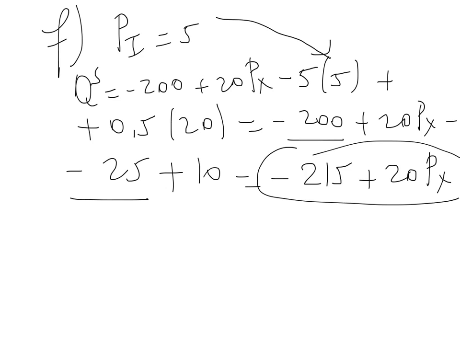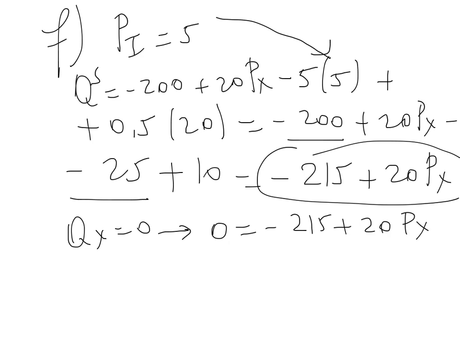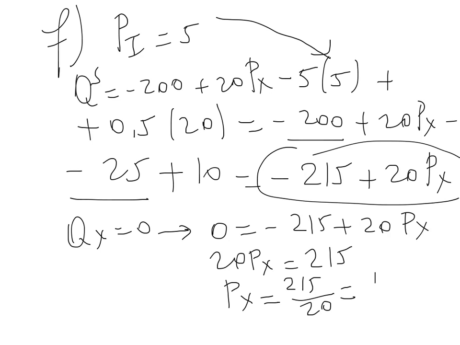And then graph the new supply curve. To be able to graph, we need the new intercepts. Qx equals 0. So using this formula, 0 equals minus 215 plus 20 px. That means 20 px is 215. So px is 215 divided by 20, which is 10.75. That's one intercept.